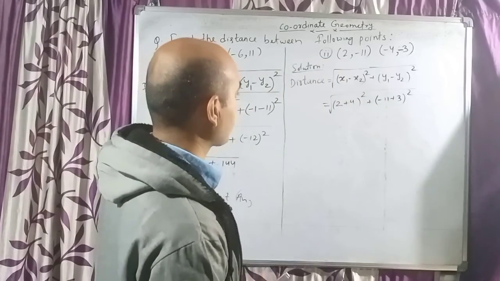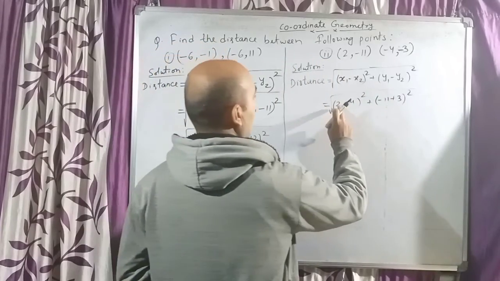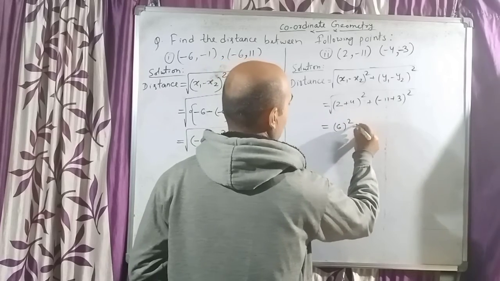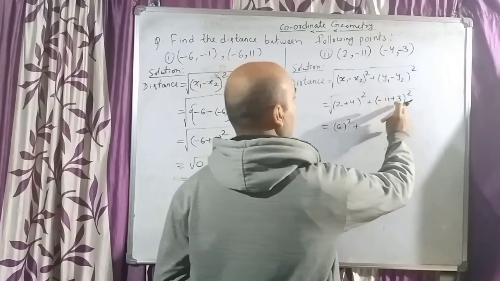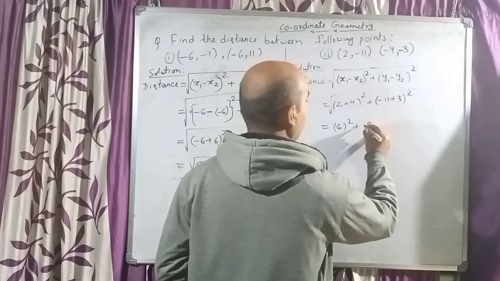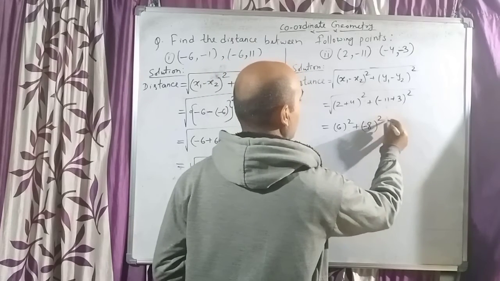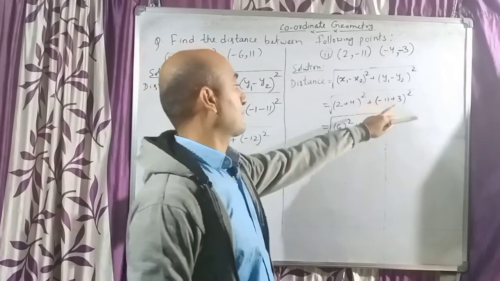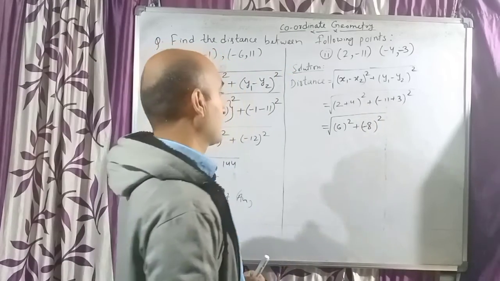Now next children, 2 plus 4 is 6, 6 square plus minus 11 plus 3 is minus 8, minus 8 whole square.